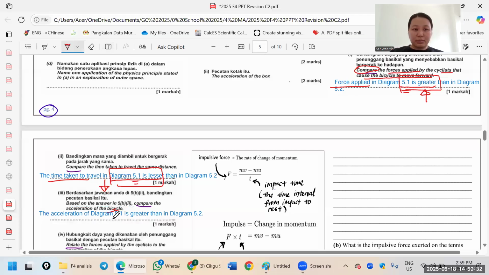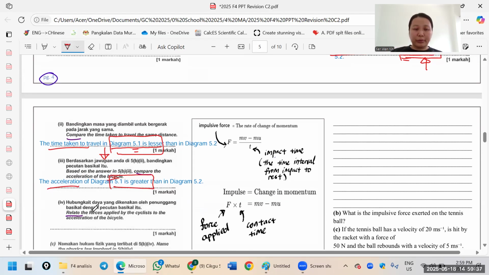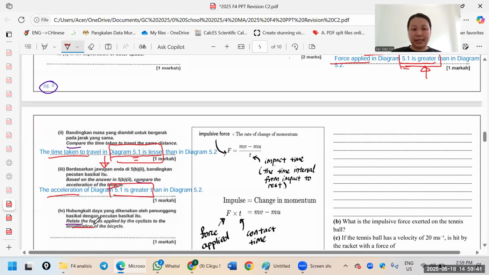Now, see? So now, relate force applied by the cyclist to the acceleration. Right? Let's relate. Relate to. So means in front of 'to' is A. Behind 'to' is B. So what is A?